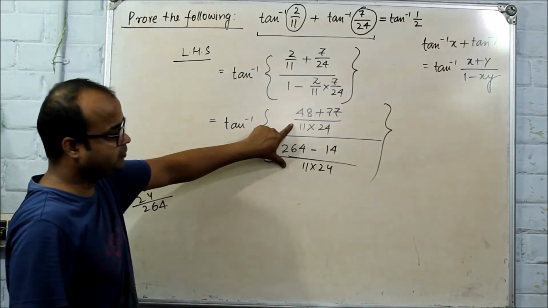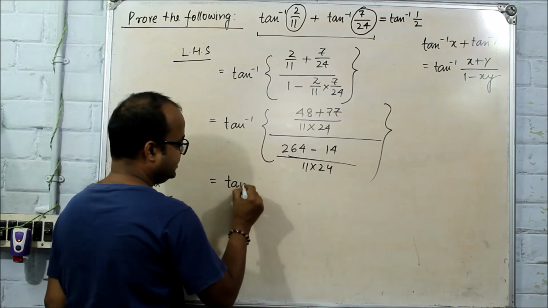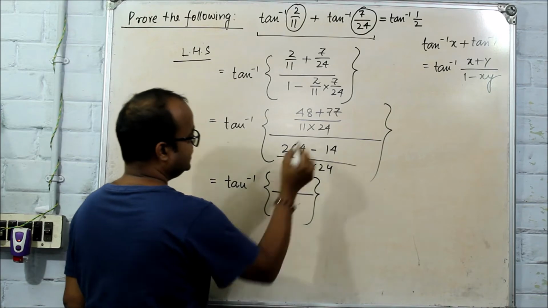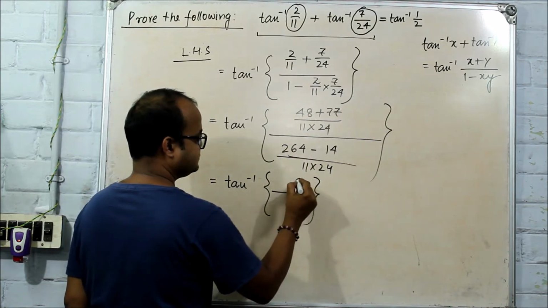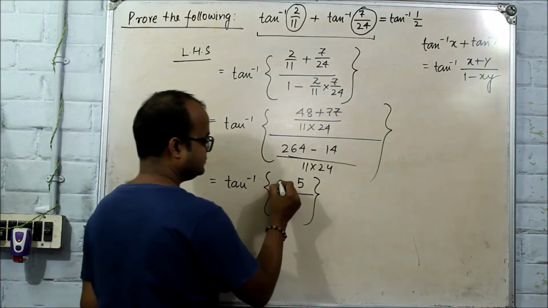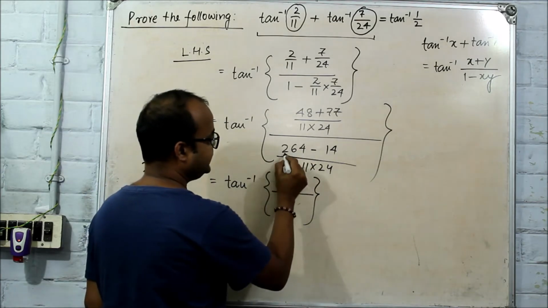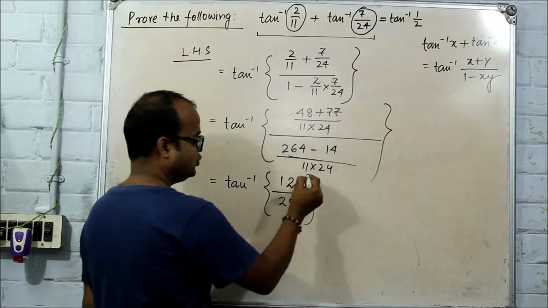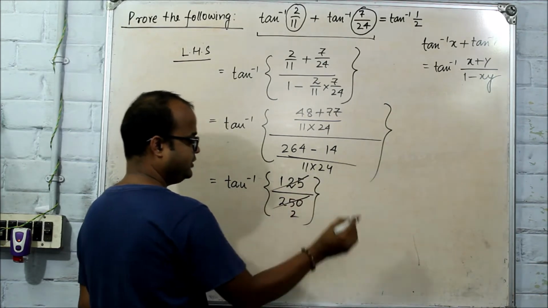So these two denominators will cancel each other, so it will be tan inverse of 48 plus 77, which is 125, and if you simplify 264 minus 14, it is 250. 125 once, 125 twice.